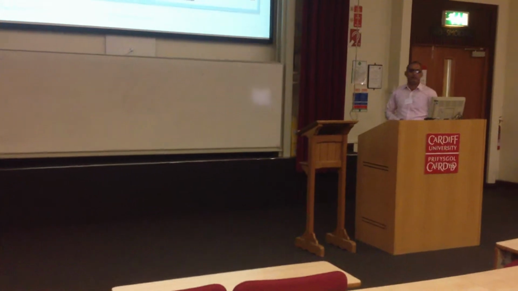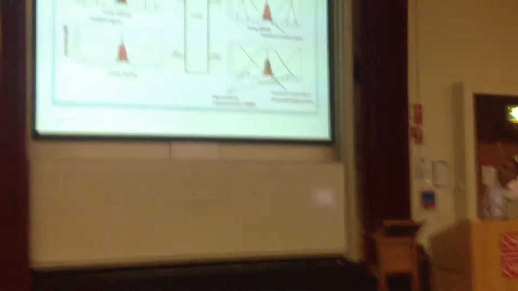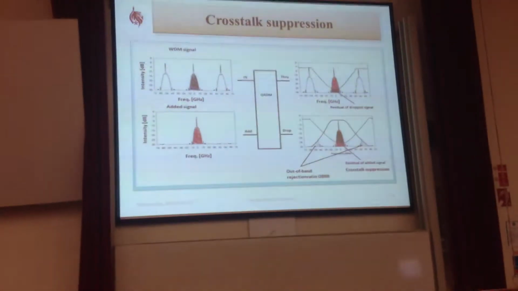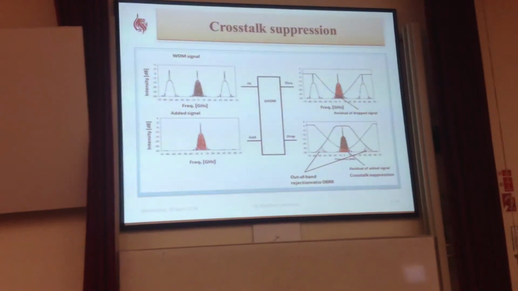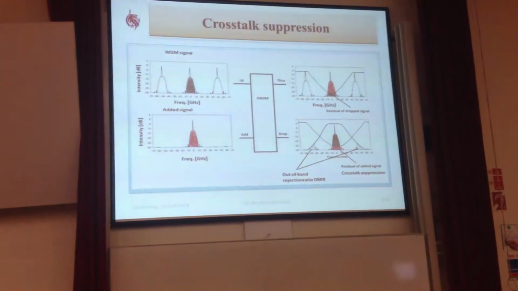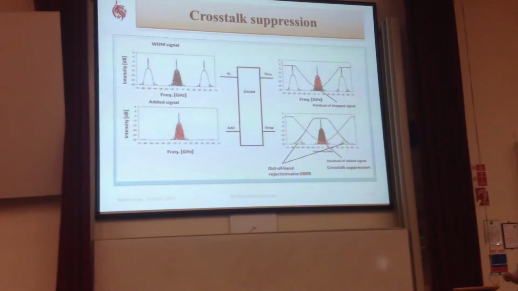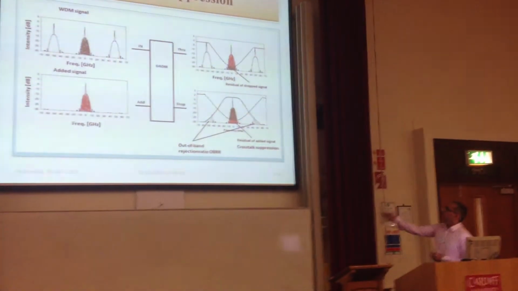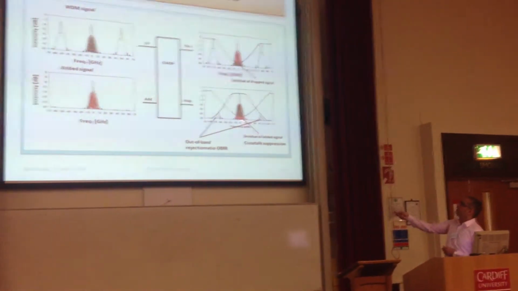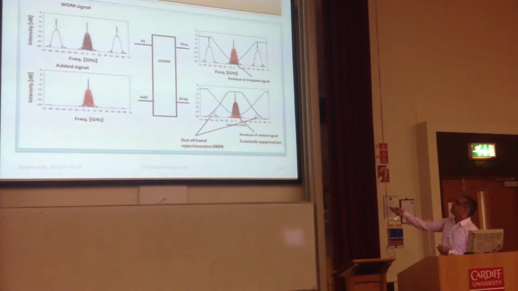Before starting, I want to show this slide which explains the wavelength division multiplexing signal: 10 gigabit signals, 3 signals separated by 50 gigahertz. The drop signals from the filter are prone to two types of crosstalk.